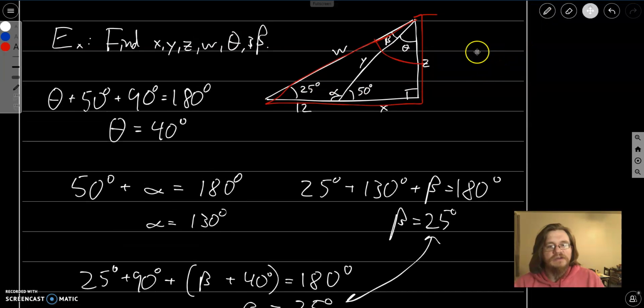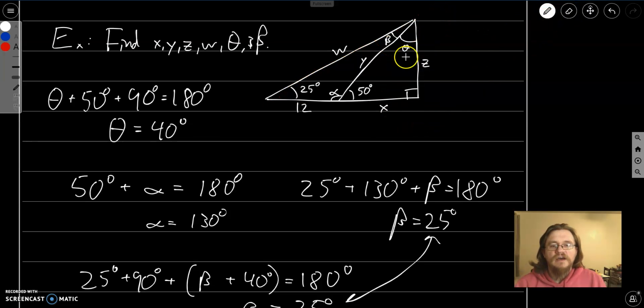Let's see if we can find some of these other values. For instance, let's try to work out some of the relationships between these. Let me erase some of these red lines in here. Here we have a right-angled triangle with a 50-degree angle, and we have z and x.